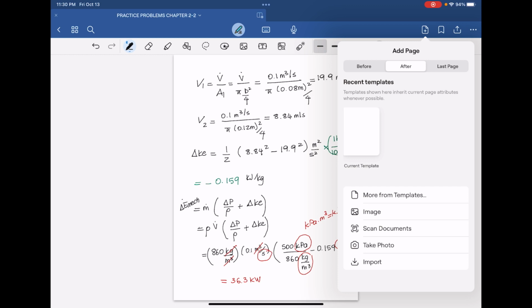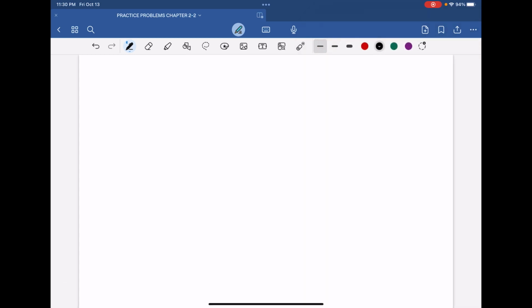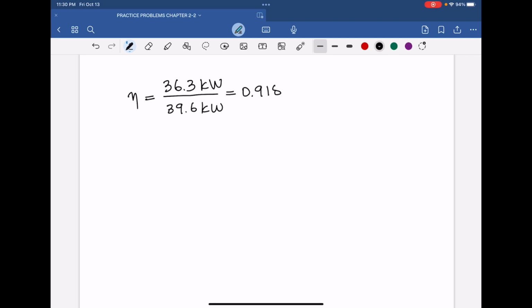So efficiency of the pump is therefore 91.8%.